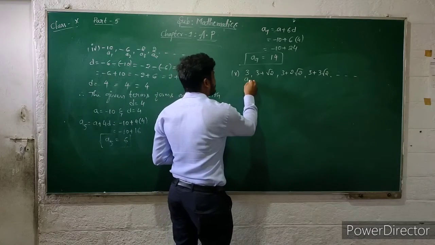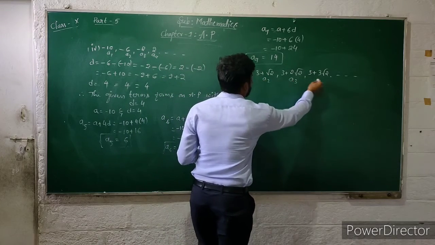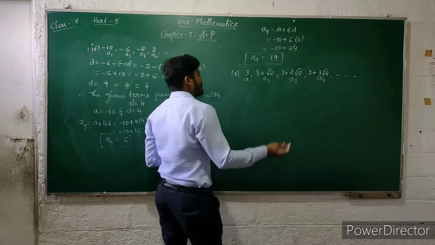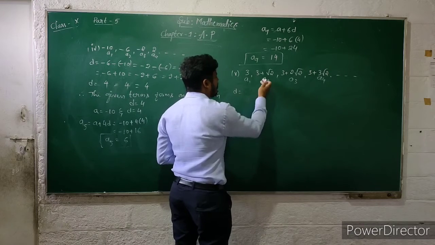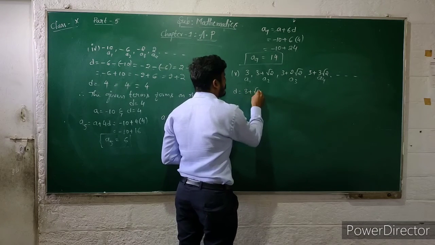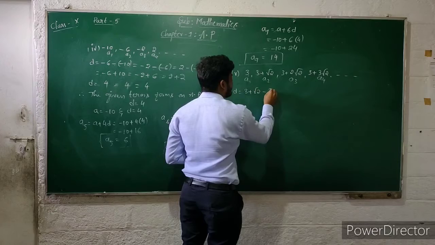So then here first term, second term, third term and fourth term. Find out its common difference. D is equal to A2 minus A1. Here A2 is 3 plus root 2 minus A1 which is 3.